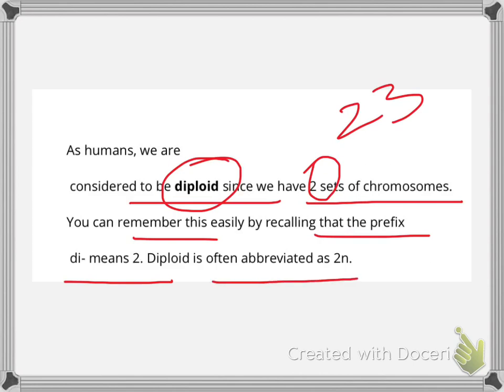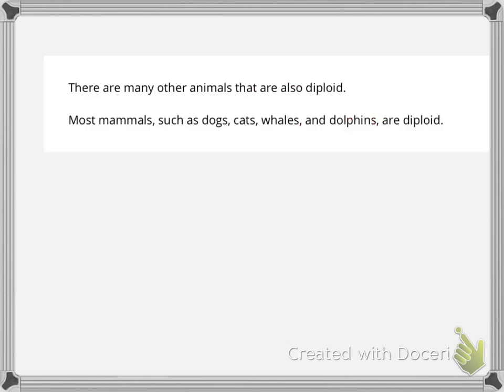Diploid is abbreviated as 2n. There are many other animals that are also diploid: most mammals, dogs, cats, whales, dolphins, all are diploids.